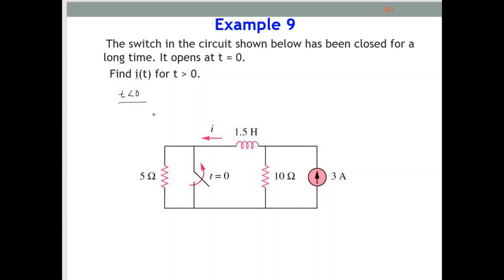When t is less than 0, the switch is actually closed, switch on, because here has been closed. So the switch is on, the line here is connected. So the circuit supposedly will be like this.